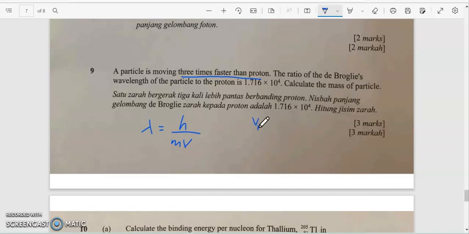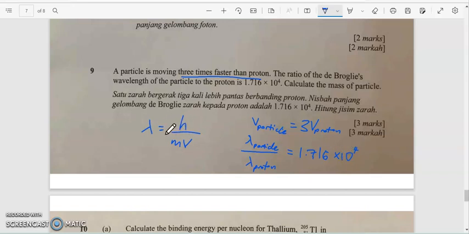That means the velocity of the particle is 3 times the velocity of the proton. The ratio of the de Broglie wavelength of the particle to the proton: wavelength of particle over wavelength of proton is equal to 1.716 times 10 power of 4.